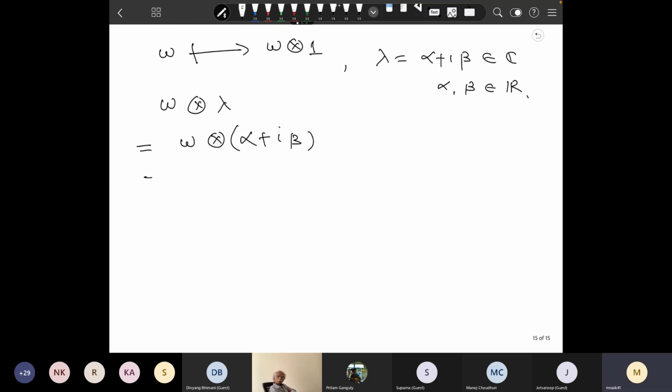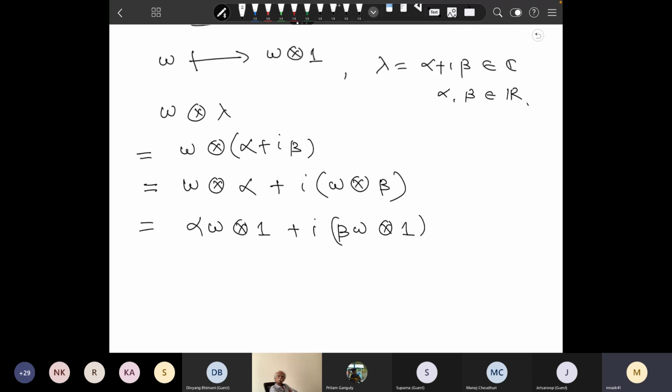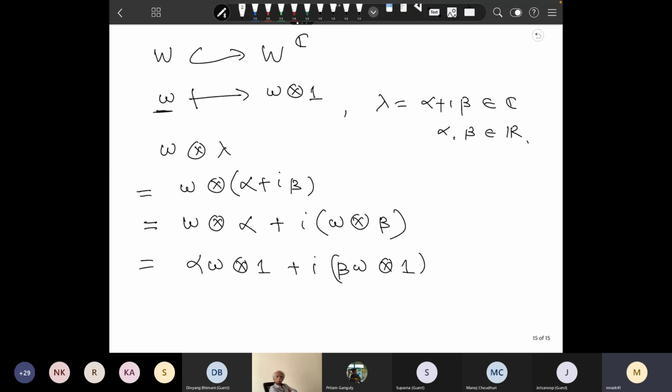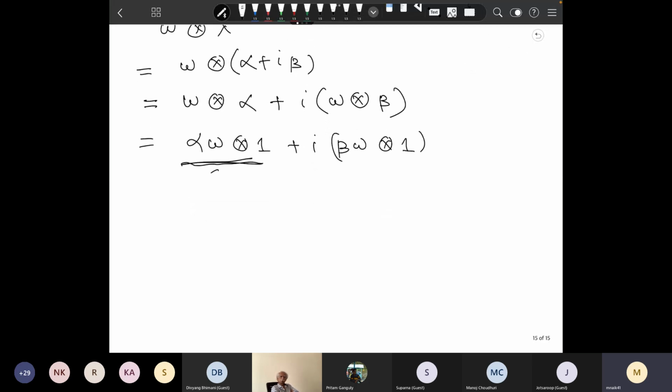Just use the tensorial property: you will get alpha W tensor 1 plus I into beta W tensor 1. Look at the embedding, W going to W tensor 1. With this identification, alpha W tensor 1 belongs to W. With some work you have to do.